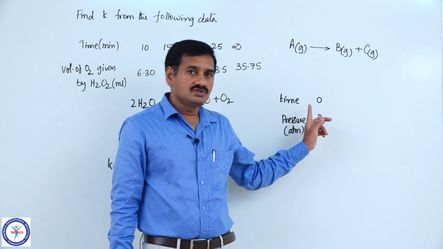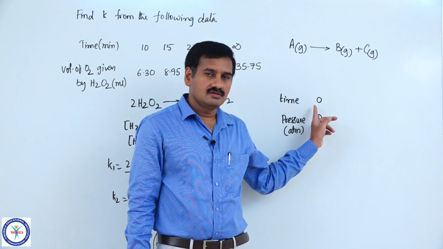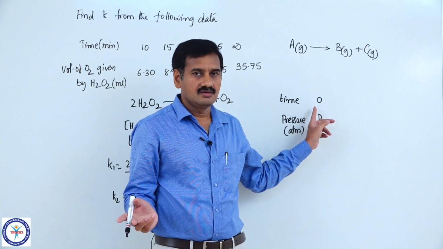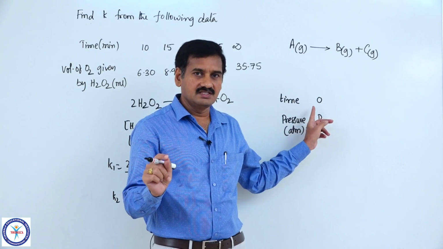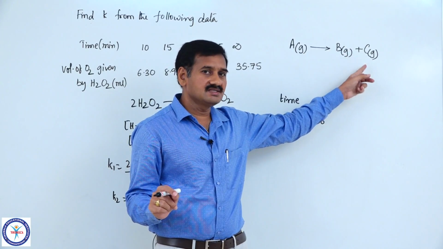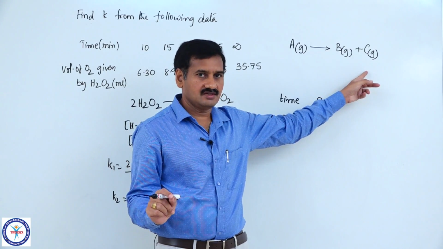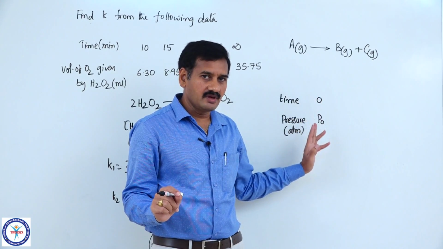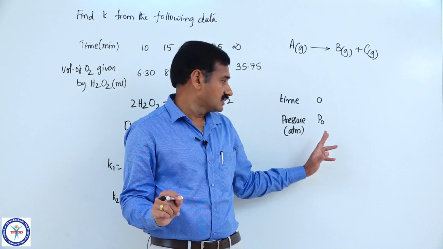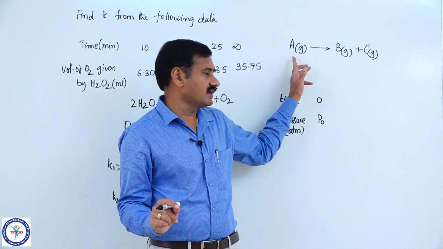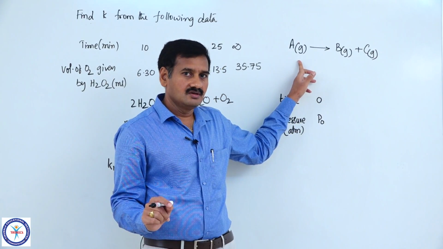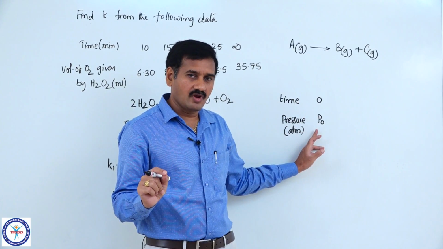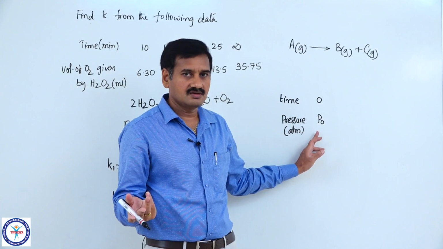Time t equal to 0 means what? There is no dissociation of A, only A is present, no B and C are there in the reaction flask at time t equal to 0. So, whatever pressure we are observing, that pressure is only because of gas A. Therefore, this pressure is directly proportional to the number of molecules of A or not.